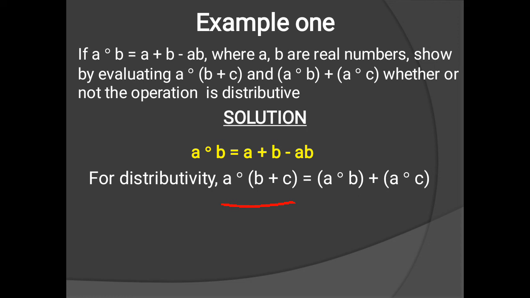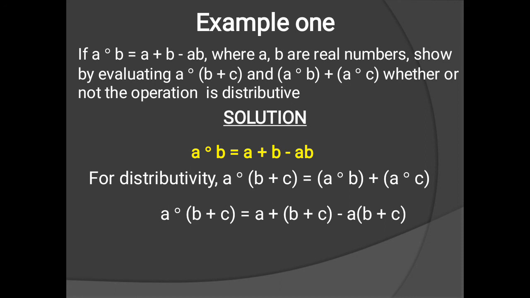So if it is distributive, then after solving using our rule, this should be equal to that. If they give us the same answer, then it is of course distributive. If they give us different answers, then it is not distributive. All right, so let's delve into it.